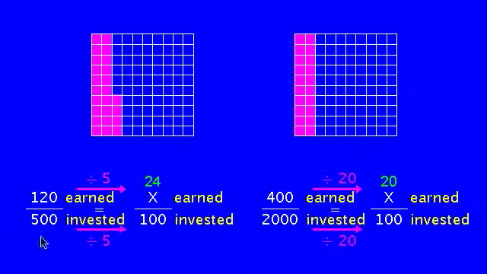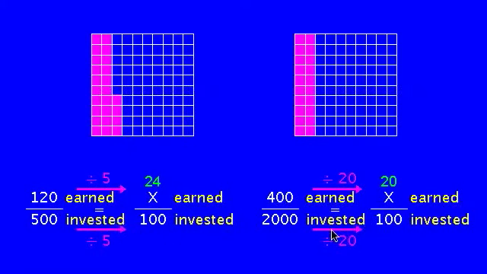Another example, say you invested $500 in one stock and earned $120, and you invested $2,000 in another stock and earned $400. Well, here you earned more, but you had to put up more to start with. So to standardize this fraction to how much you earned for every $100 invested, dividing top and bottom by 5 here, you earned $24 for every $100 invested.